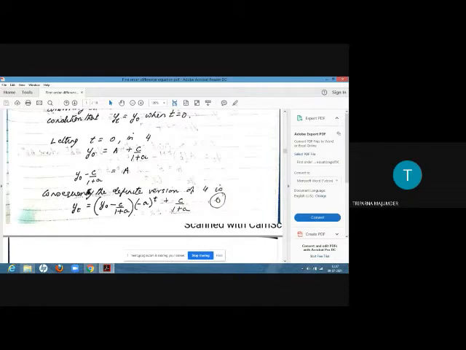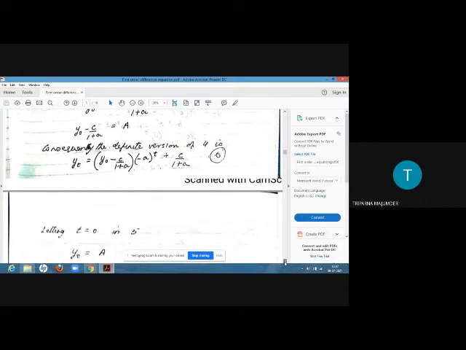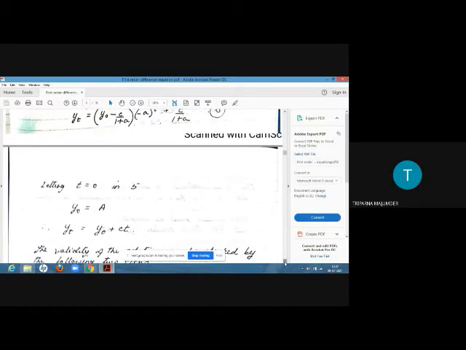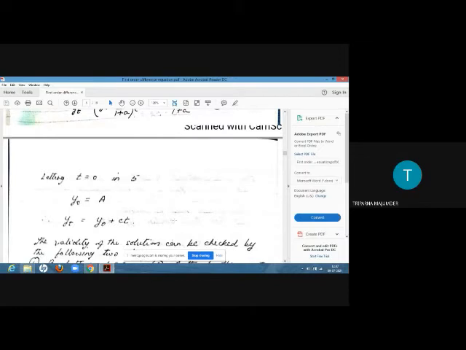What we had said, this is the stationary equilibrium. Now, letting t equal to 0 in the case where a is equal to minus 1, we get y0 is equal to a. Hence, our solution becomes yt is equal to y0 plus ct.